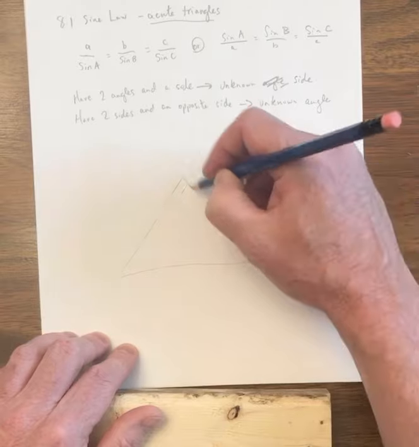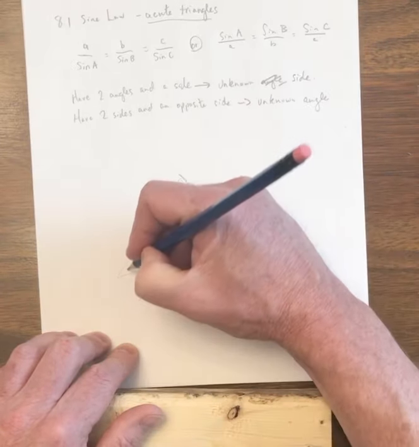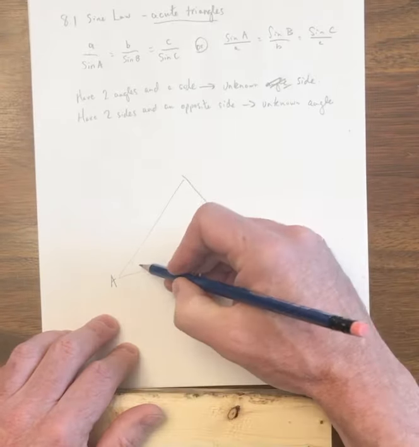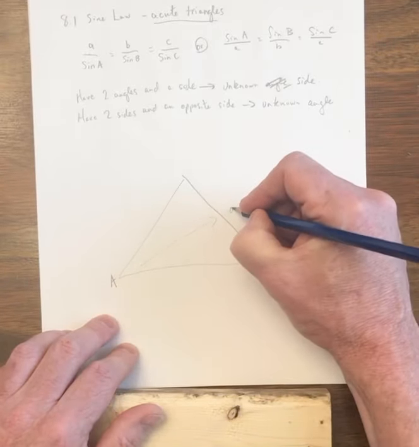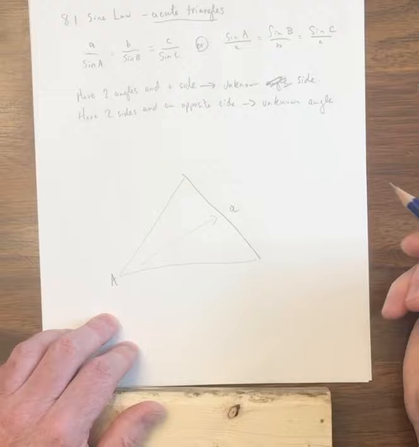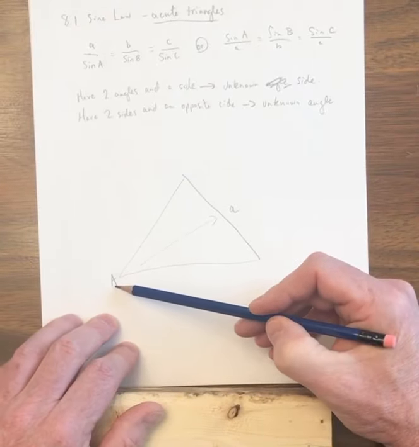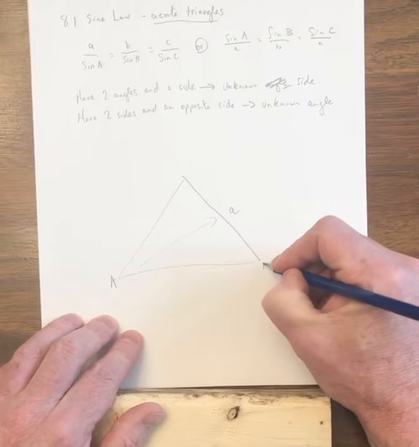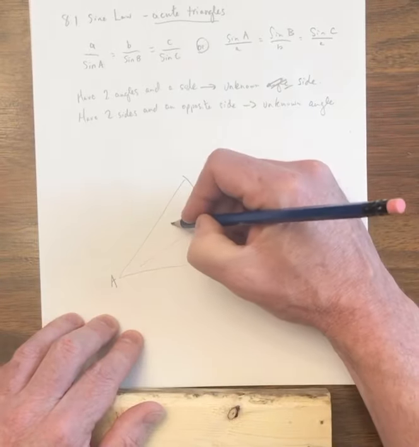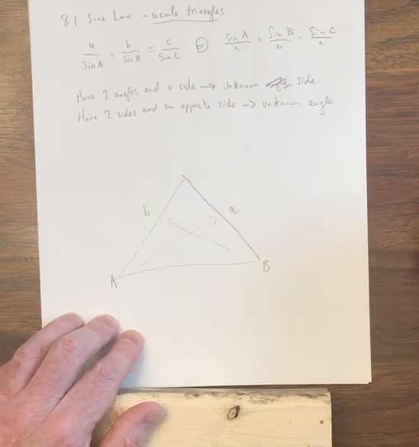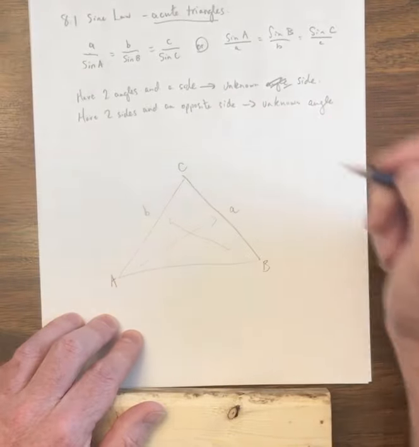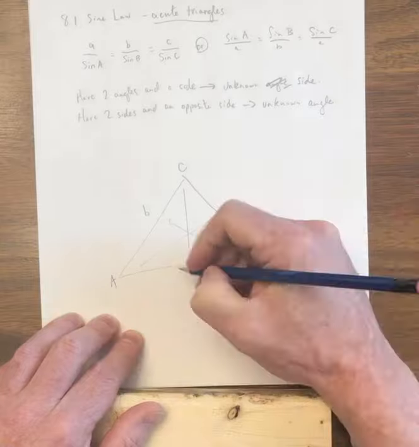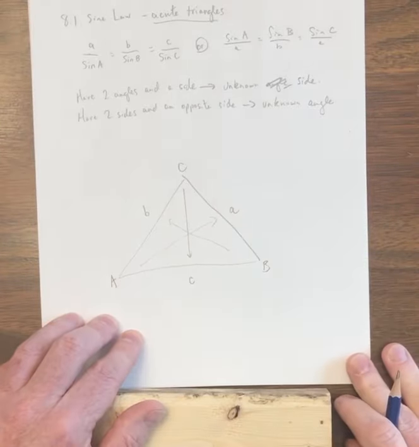Drawing an acute triangle here, if this is angle A, then the side opposite to it will be side A. The angle is labeled with a capital, the side is labeled lowercase. If this is angle B, the side across from it will be side B. And likewise, if this is angle C, the side across from it will be side C.